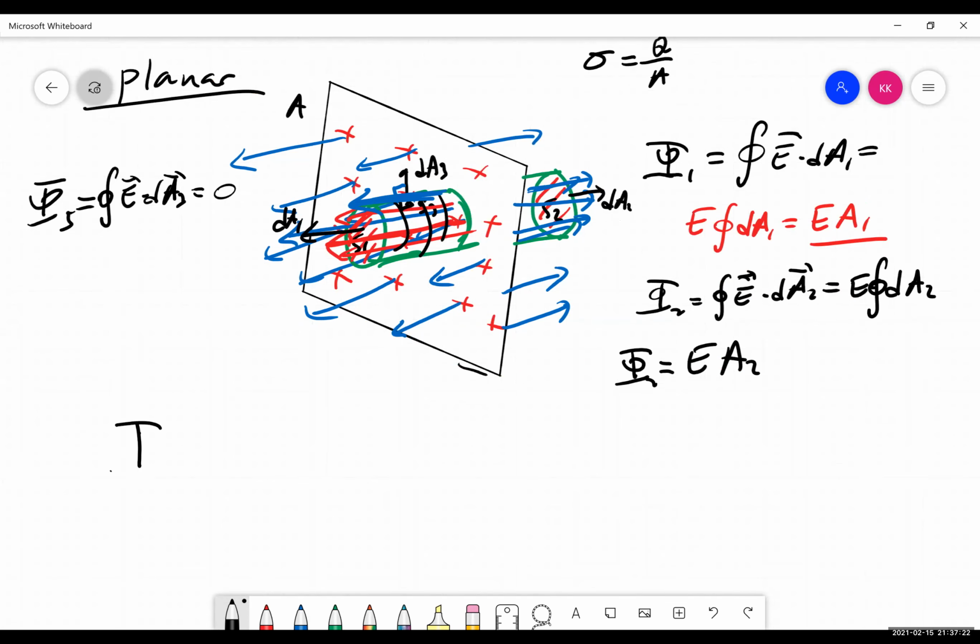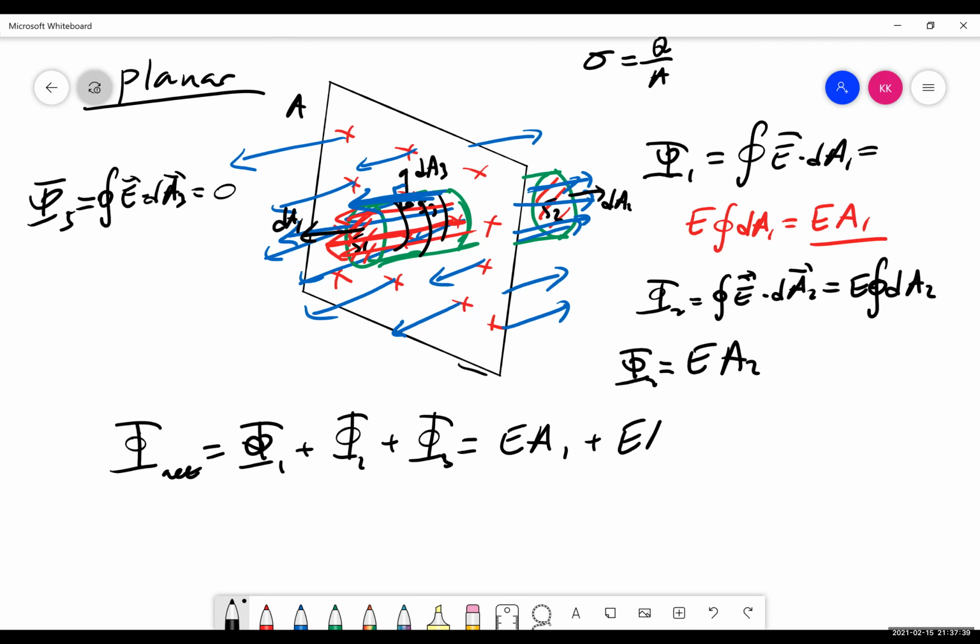The net flux equals flux 1 plus flux 2 plus flux 3, which is E times A1 plus E times A2 plus 0. Since A1 and A2 are the same, I get 2 times EA.